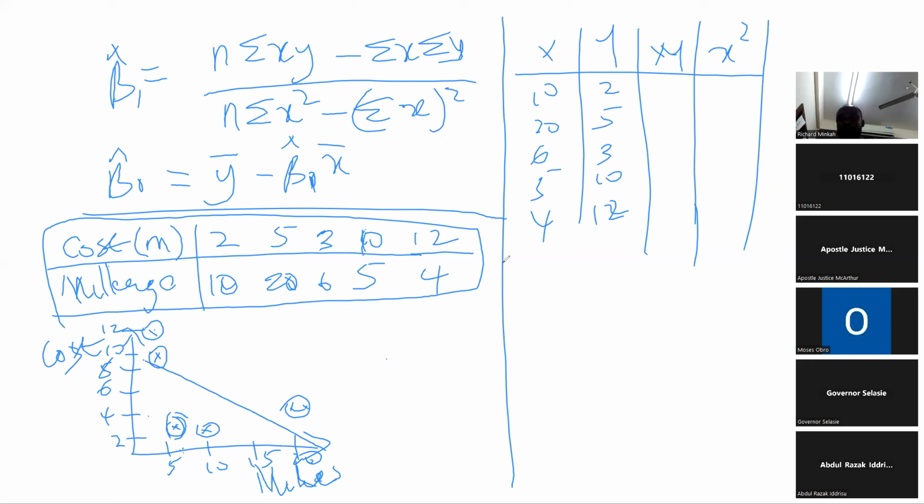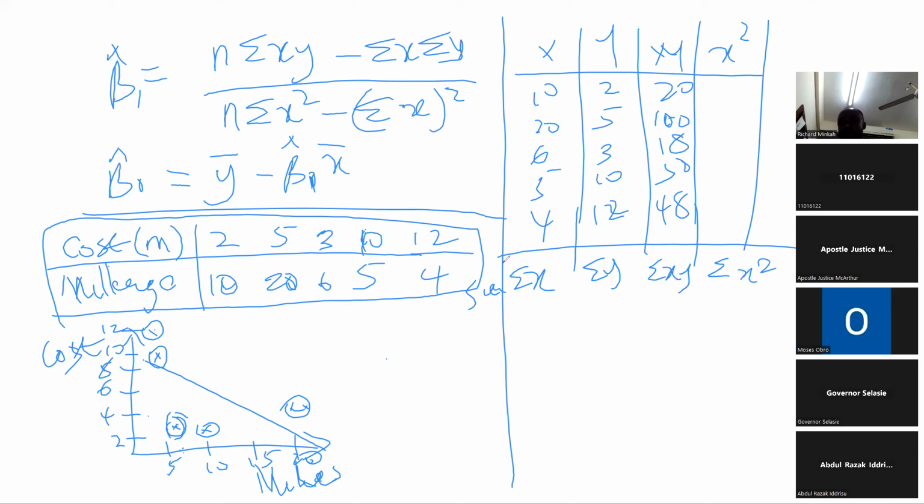So this one will be 20, this one is 100, this one is 18, this one is 50, this one is 48. Then you get the sums: sigma X, sigma Y, sigma XY, sigma X squared. Once you get this, you have all of them. N is equal to 5. You plug it in and you have your values, beta naught and beta 1.